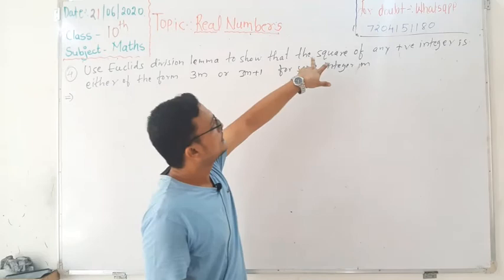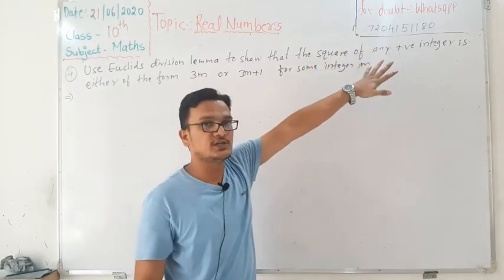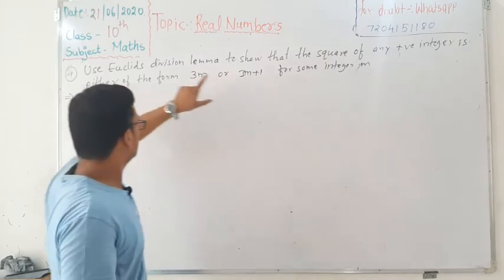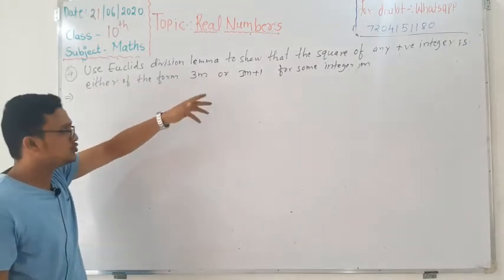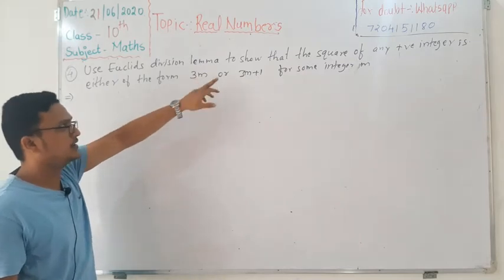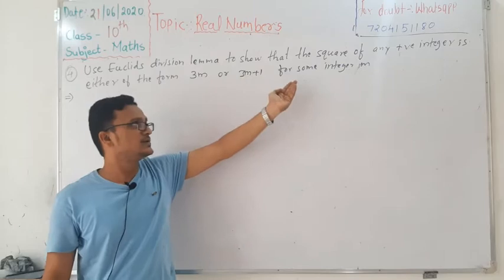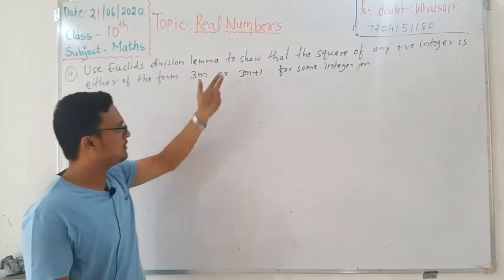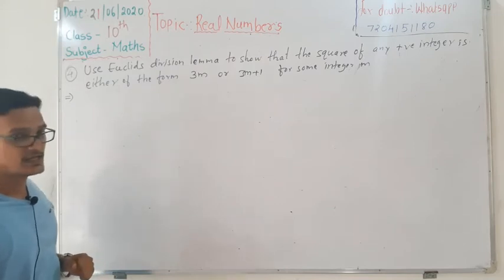It means you may get 3m or 3m plus 1, where m is some integer. In the place of m you can use any integer.